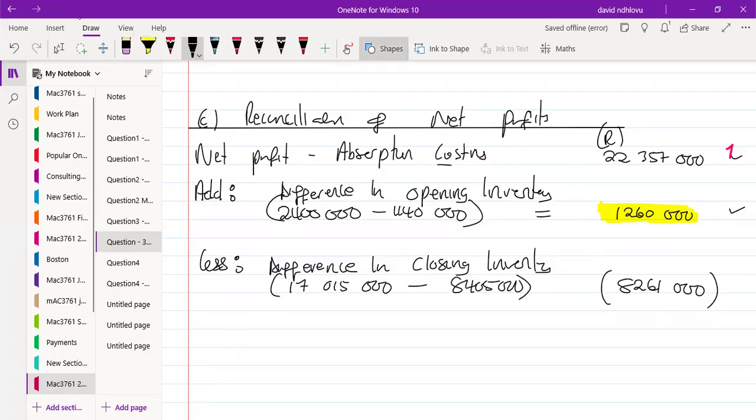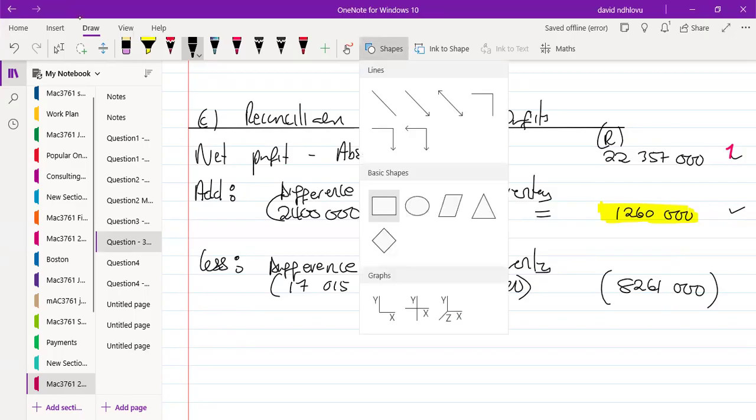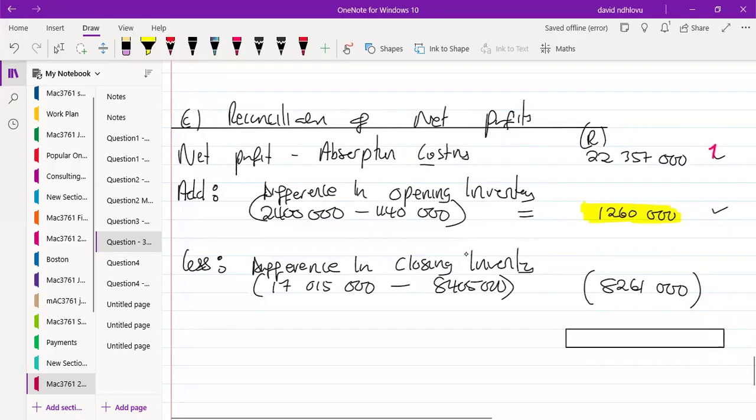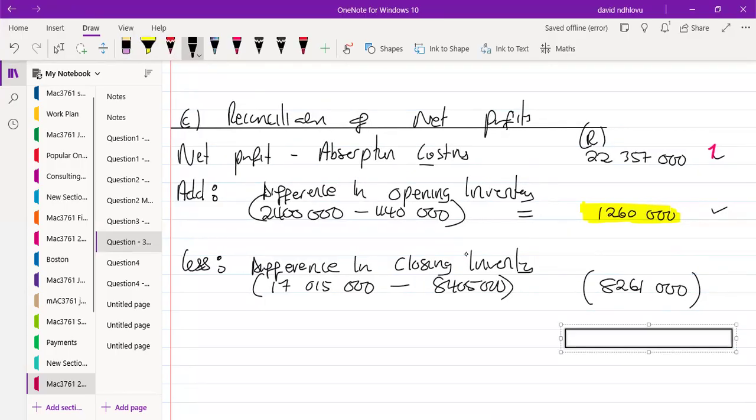If my calculations are all correct, with no mathematical error somewhere, this should give me the correct figure. Let's see. The closing inventory difference is 8,610,000.